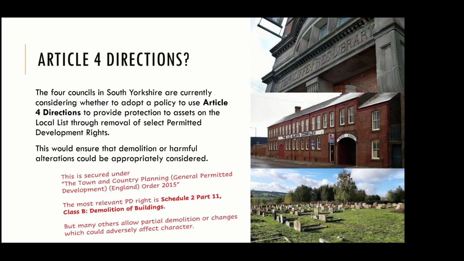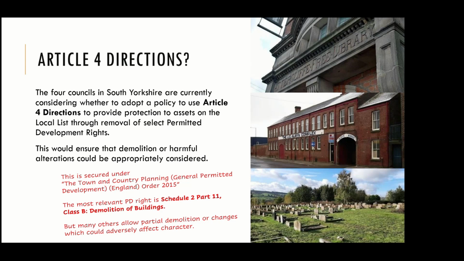So non-designated heritage assets are very highly at risk. And there's fear from some quarters that by local listing, you put a target on them, and people then may attempt to knock them down. There are ways of putting in immediate Article 4s to prevent demolition, but it relies on the local authority being very active and mobile and able to move fast, which with the current funding situation is quite difficult.